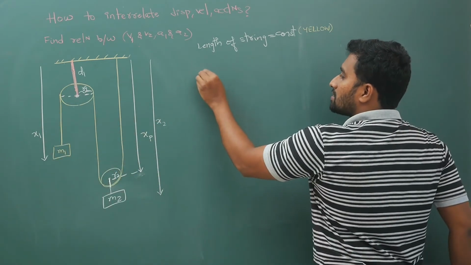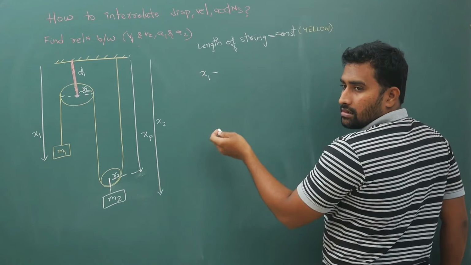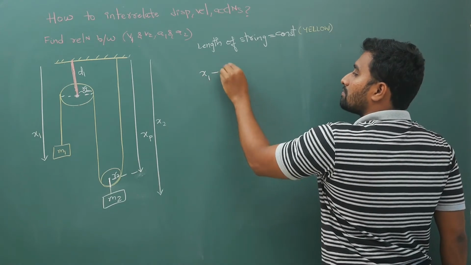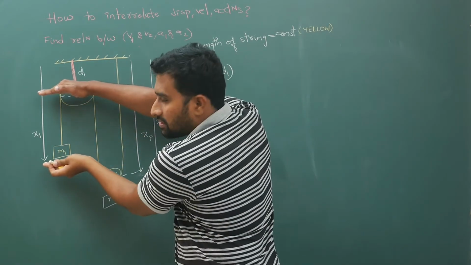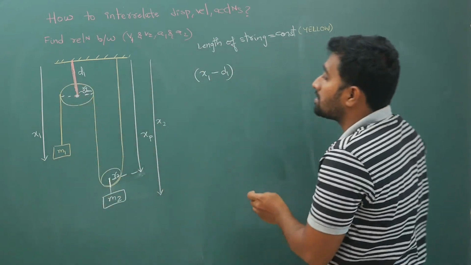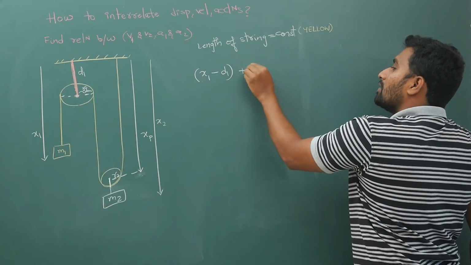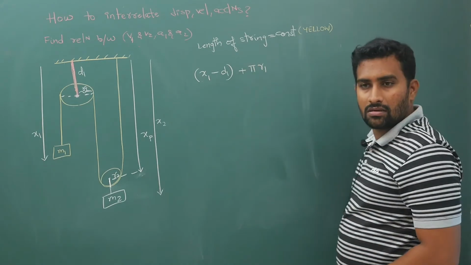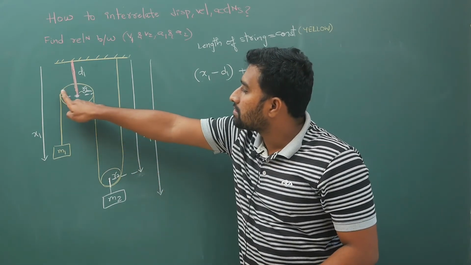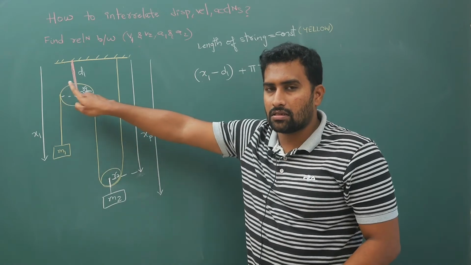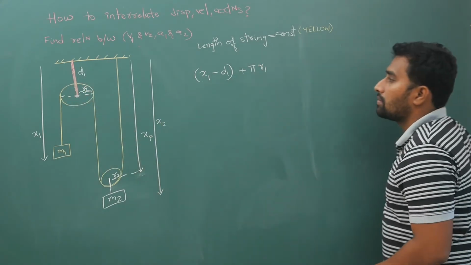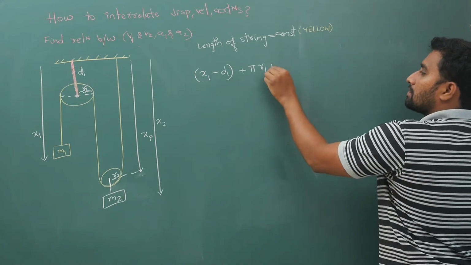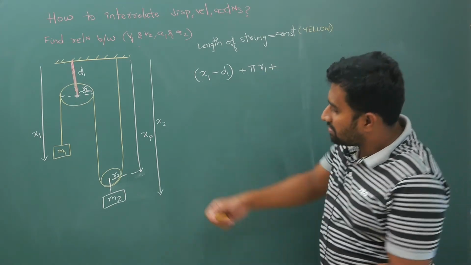It is x1 minus d1, from here to here, plus pi r1 for the semicircle, half of this circle, plus this length.